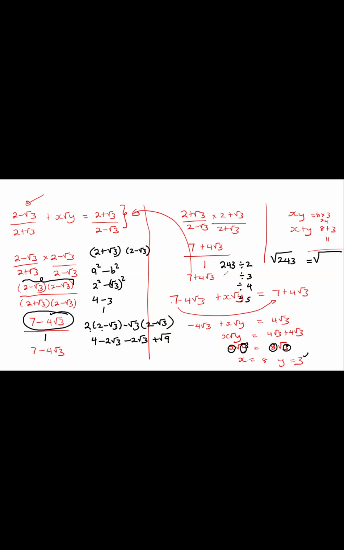Take an example. Once you divide 243 by 3, you end up with 81. So it means that 81 times 3 will give you that. Then the next question you ask, does 81 have a perfect root? If the answer is yes, then it means it is the right thing to use. Okay, thank you.